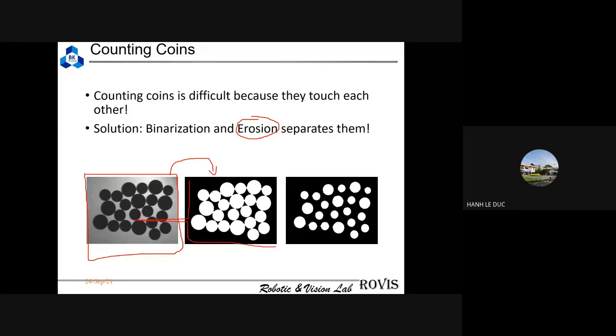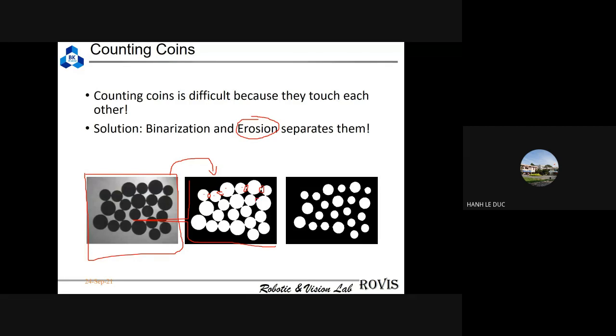But here you can see that each circle still connects to each other by a small amount of pixels. Because they are still connected, we cannot apply the algorithm to count the number of circles here. So we have to apply some filter algorithm to eliminate the small connections here.